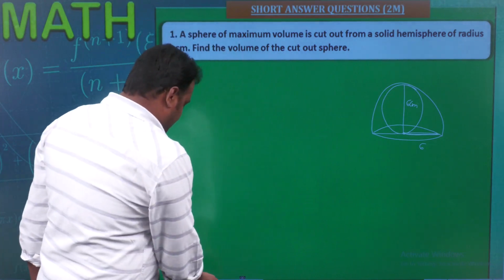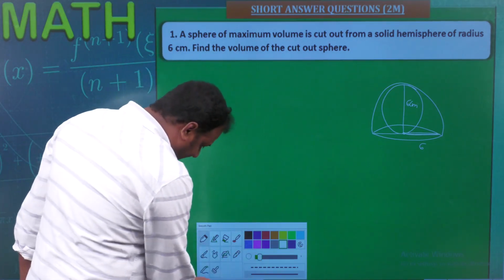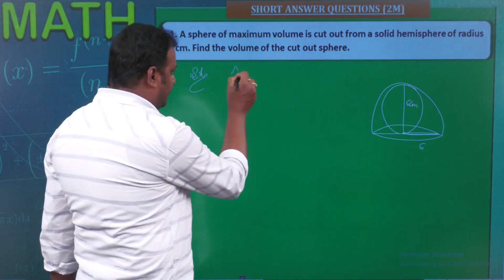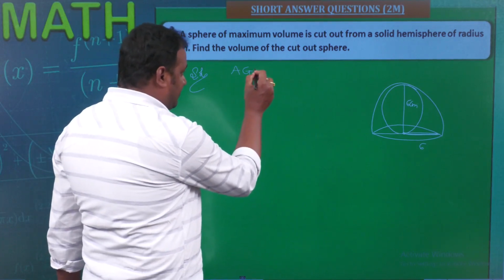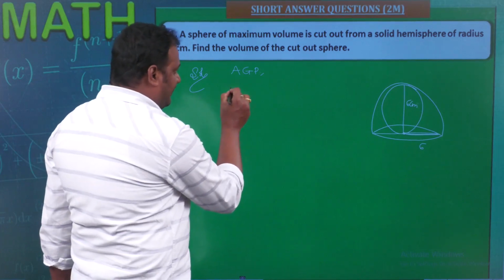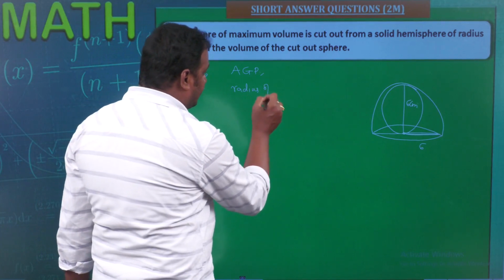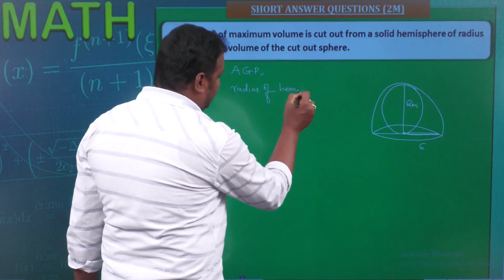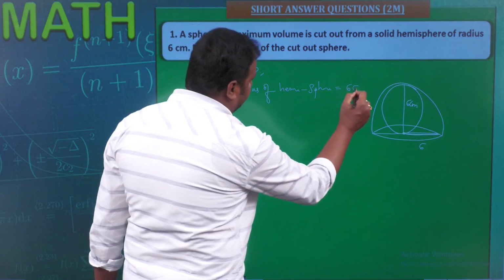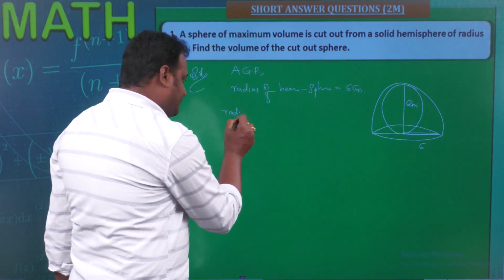So therefore, you can write here, according to the given problem, radius of hemisphere is equal to 6 centimeters.